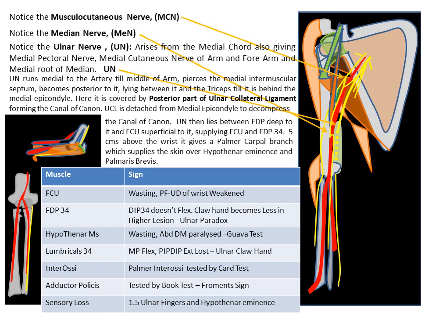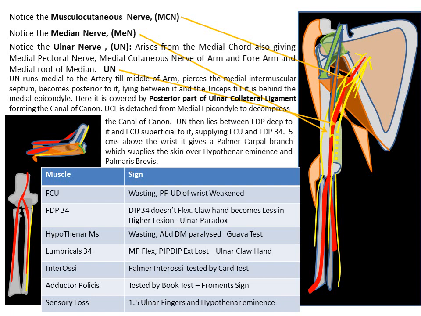Then it pierces the medial intermuscular septum, becomes posterior to it, lying between it and the triceps till it is behind the medial epicondyle. Behind the medial epicondyle, it is covered by the posterior part of the ulnar collateral ligament, which connects the medial epicondyle to the olecranon.